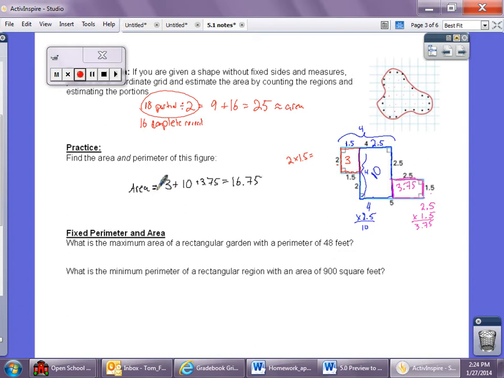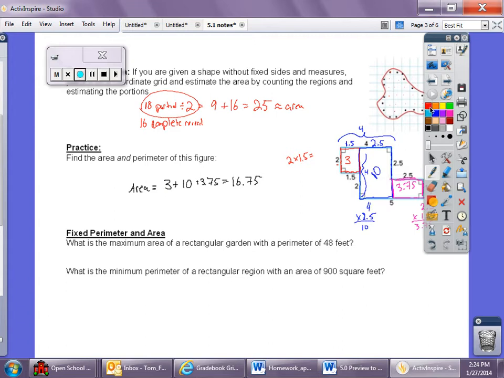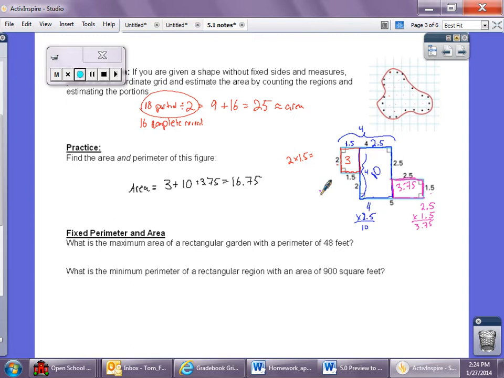To find the perimeter, we just add up all the outside parts. So we know that we have 2. This whole region was 4. So 2 plus 4. This region here is 2.5 plus 2.5.